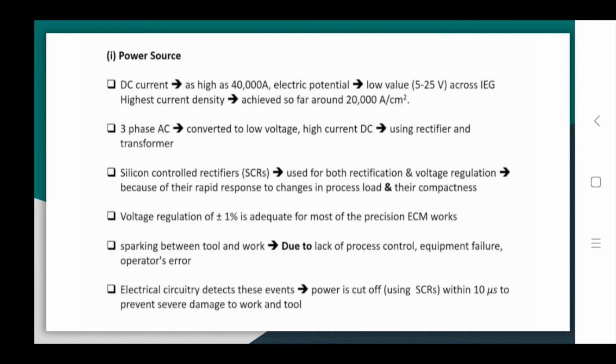If there is a short circuit, the electrical circuit will detect this event, and power is cut off using the silicon controlled rectifier within 10 microseconds. For what purpose? To prevent severe damage to your workpiece and the tool. So this is about the first element, that is the power source.